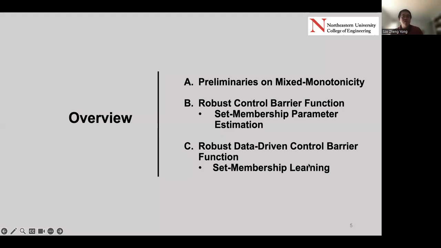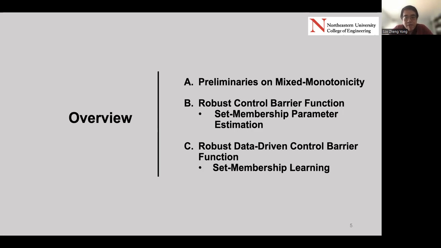To give an overview of the talk, I will start by focusing a little bit on what we call mixed monotonicity, which is a property of quite a general class of nonlinear functions that will enable us to do a lot of the things that we are doing.